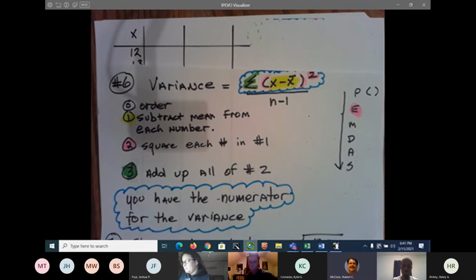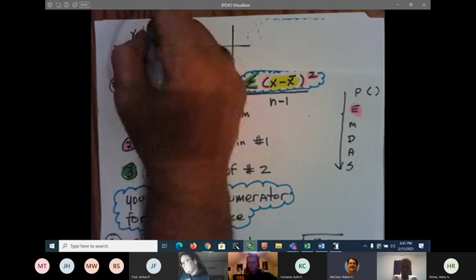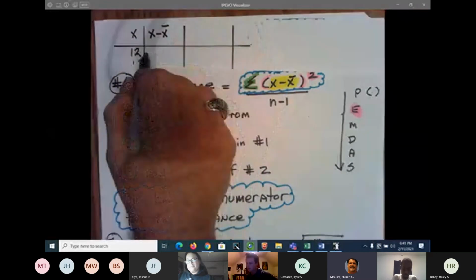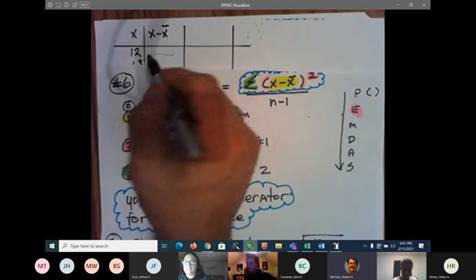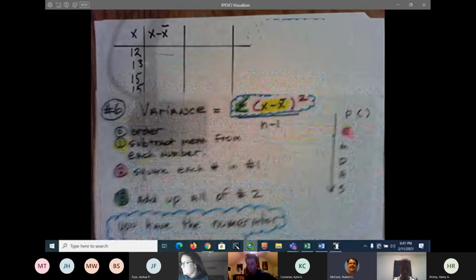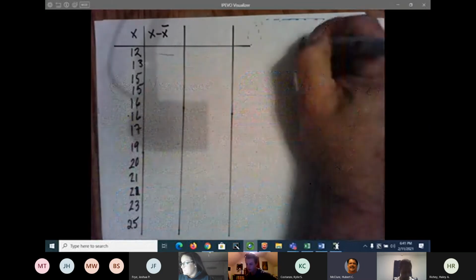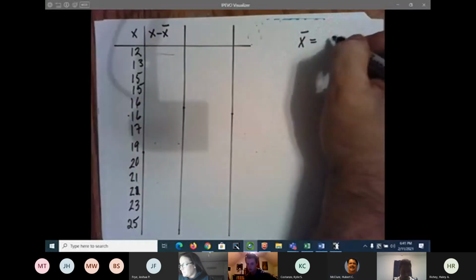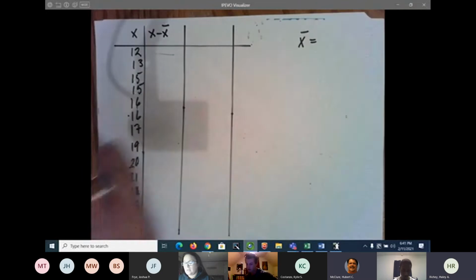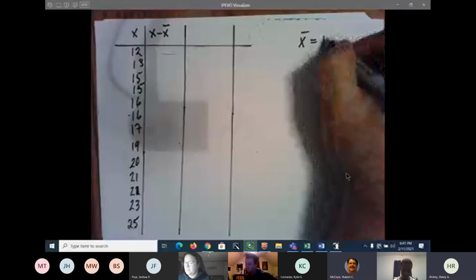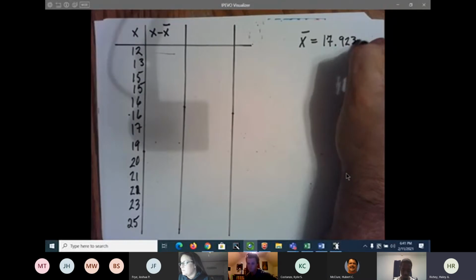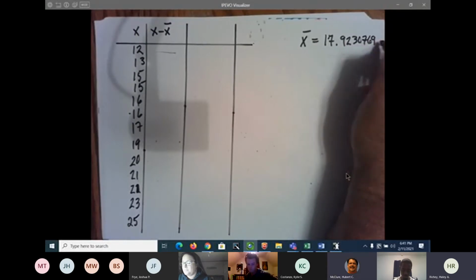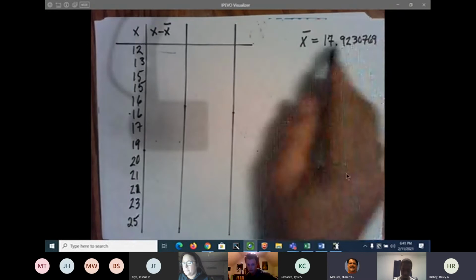So I'm going to write right here X minus X bar, and I'm going to do that for each. So take your calculator, and what is our X bar? Somebody tell me what X bar is in our problem. That's 17.9230769. And you need to take that away from each one of those numbers.